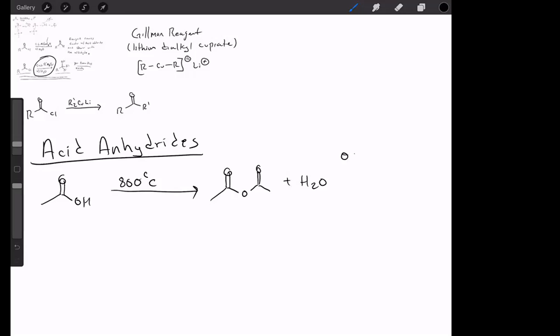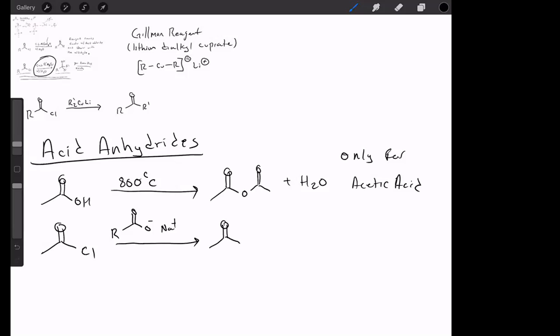This doesn't work for many other acids. It's really only for acetic acid. So in order to make other acid anhydrides, we react an acid chloride with a nucleophilic carboxylate salt. And that's what gets us a good acid anhydride.